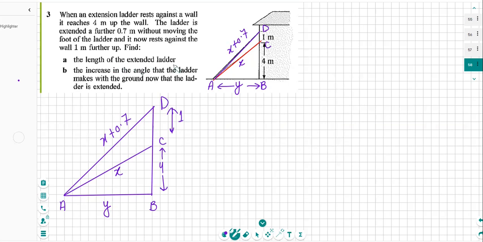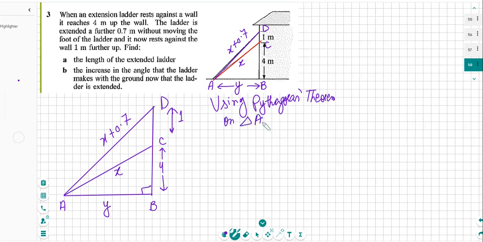What we need is the length of the extended ladder. So we need this length. Clear? So I'm using the Pythagoras theorem on both of the right angle triangles one by one. Using Pythagoras theorem on which triangle? The smaller one, that is ABC.